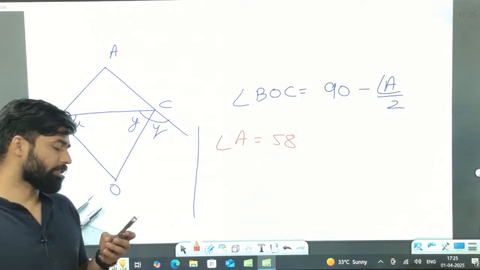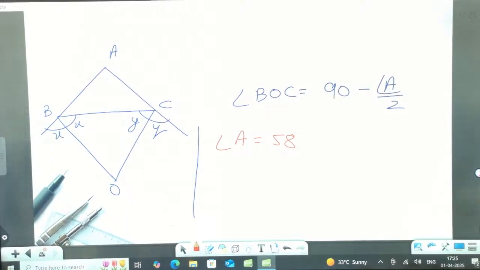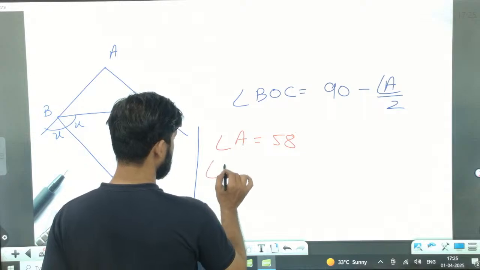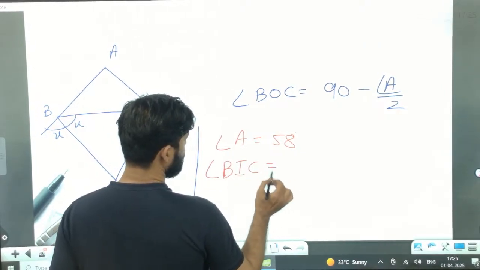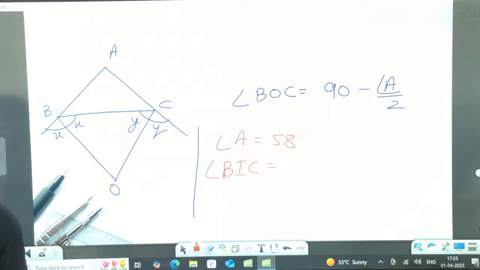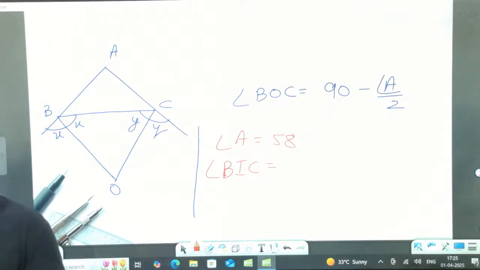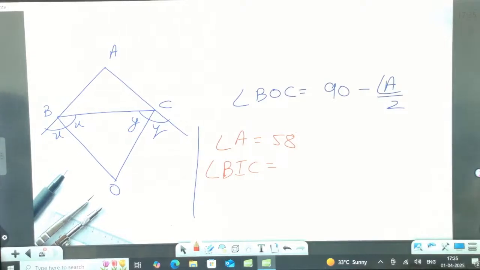If I is the incenter of the triangle, then find the measure of angle BIC. In triangle ABC, angle A equals 58 degrees. If I is the incenter of the triangle, then find the measure of angle BIC.